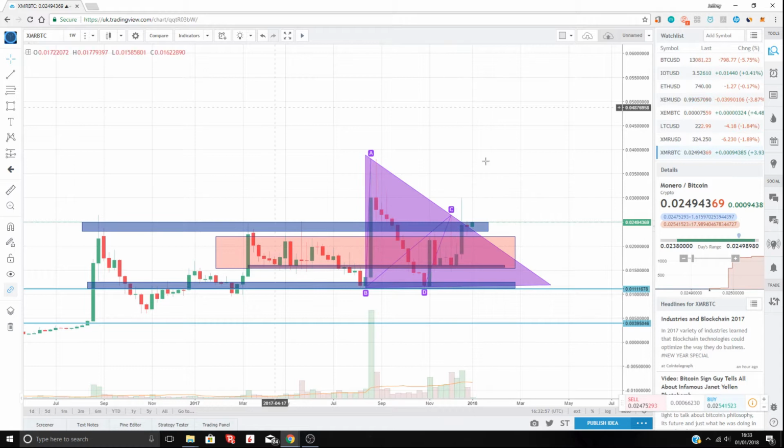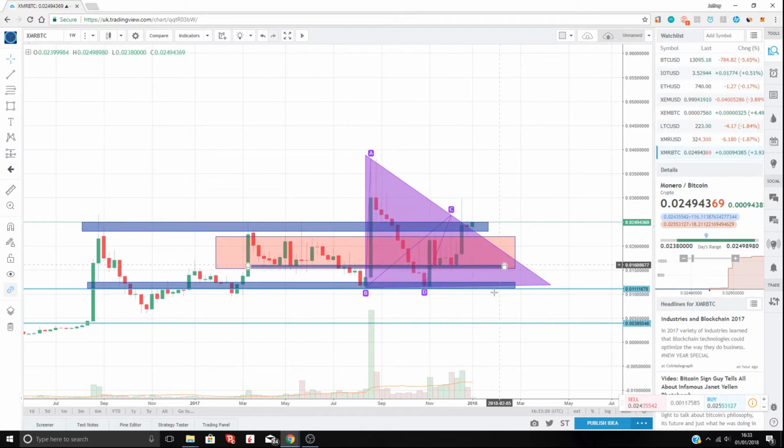This is the weekly chart, by the way, so this is super long term. As you guys know, I prefer looking at the long term view and then honing in on the lower time frames to get an entry, but you get the bigger picture when you look at the long term time frames. It was ranging here for a long time, had some breakout, couldn't quite manage it.